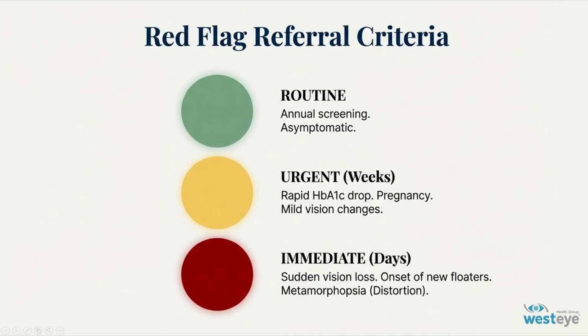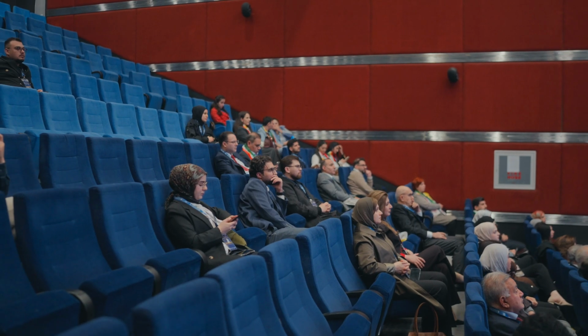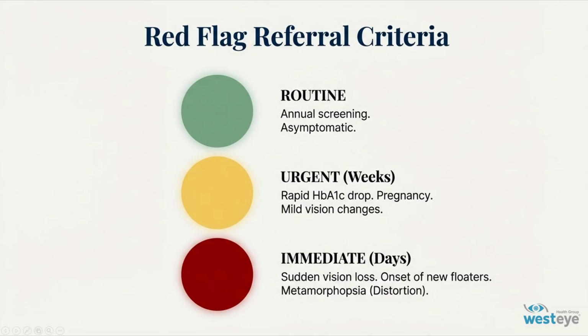The next important decision is referring the patient to an ophthalmologist. When should you refer this patient? I tried to create a traffic light system for screening and, of course, referral. The green group contains asymptomatic patients who are suffering from diabetes.